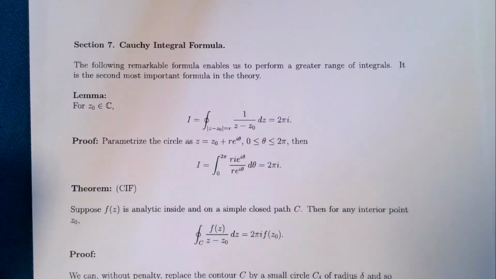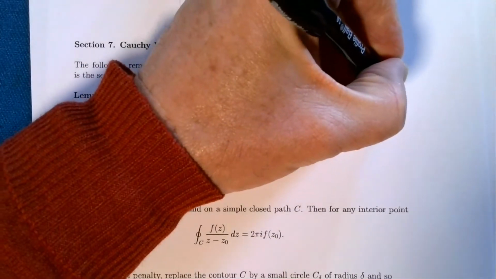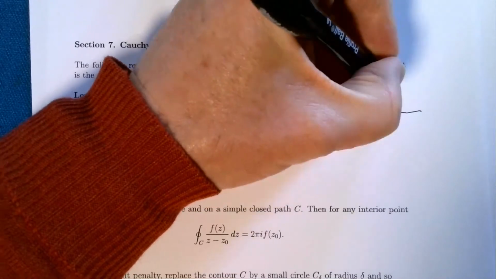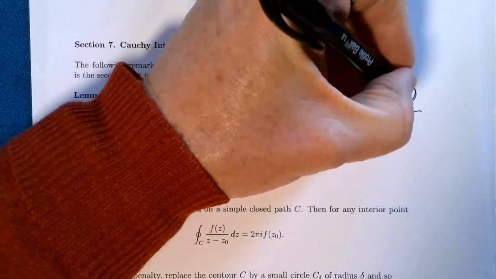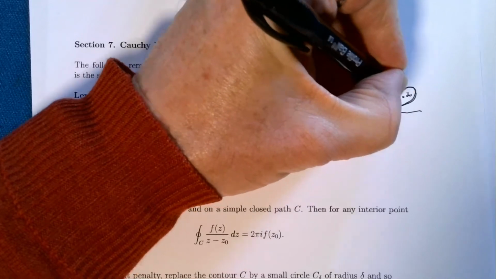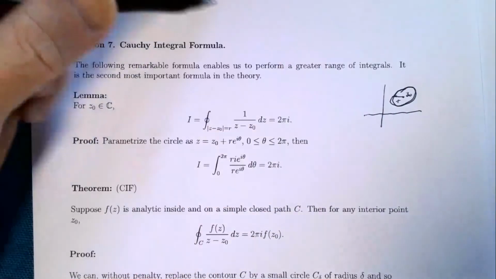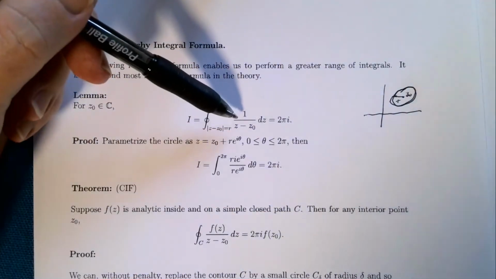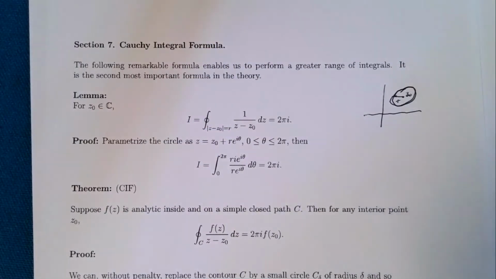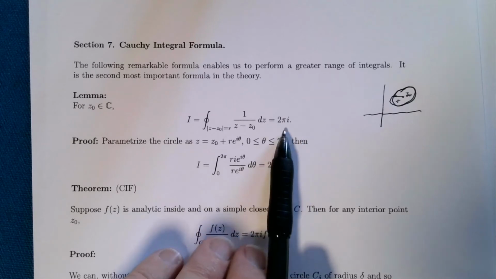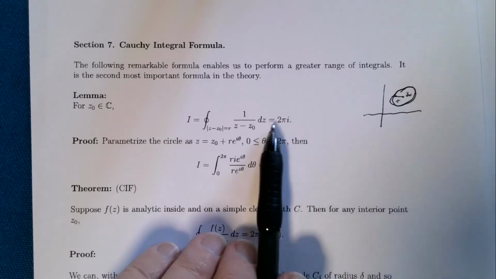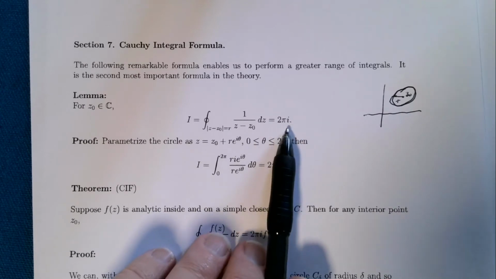The picture looks like this: a circle with centre z0 and radius r, and the value of this integral turns out to be just 2 pi i. In fact, this factor 2 pi i we're going to see over and over again. It's one of those very ubiquitous numbers in complex analysis. And the proof of this is very easy.